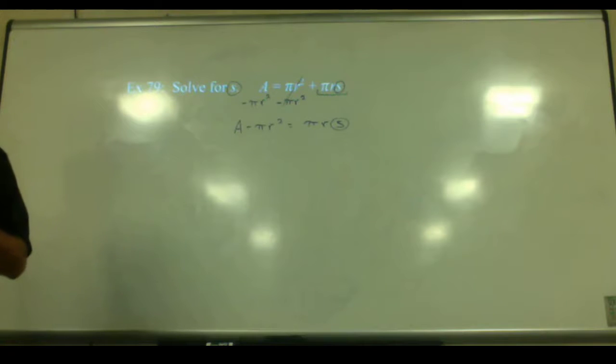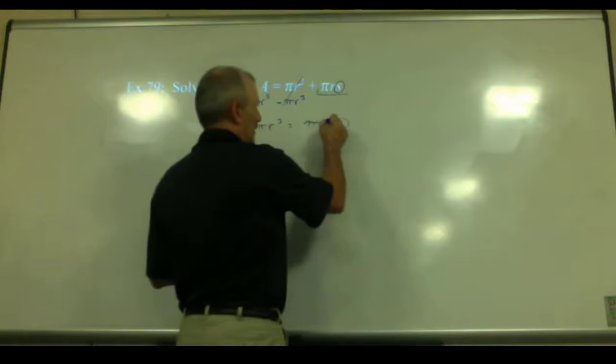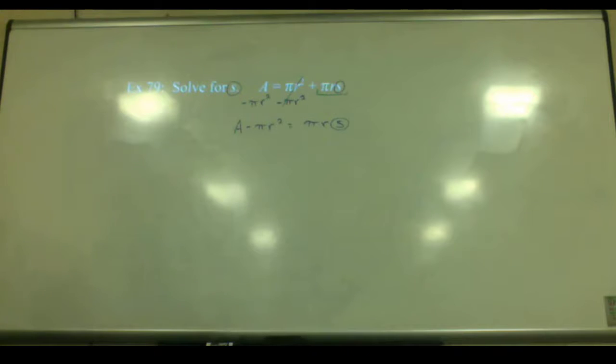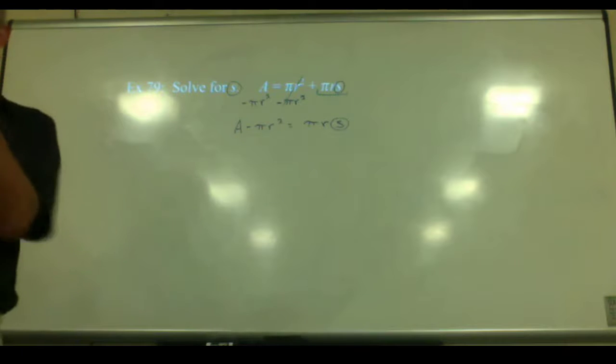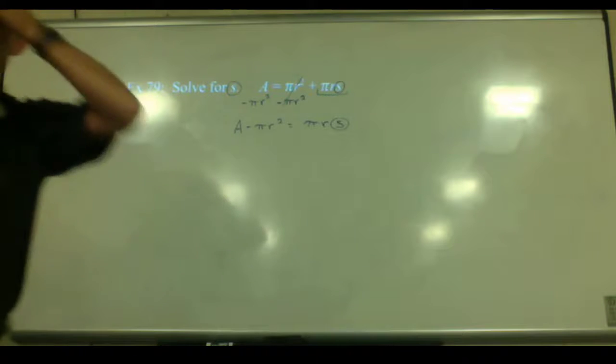Now, what else do we still have to get rid of? Pi and r. Notice these are all multiplied together. Now, you may not remember this. This was back from the first week. But remember with multiplication, we can group things however we want to group them. Remember that? We had these parentheses and you could move the parentheses around. You're all like, that was 2 weeks ago. How am I supposed to remember that?